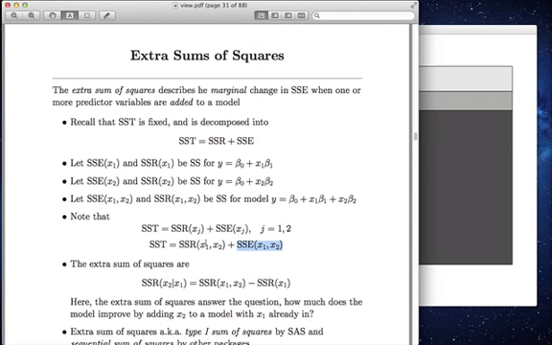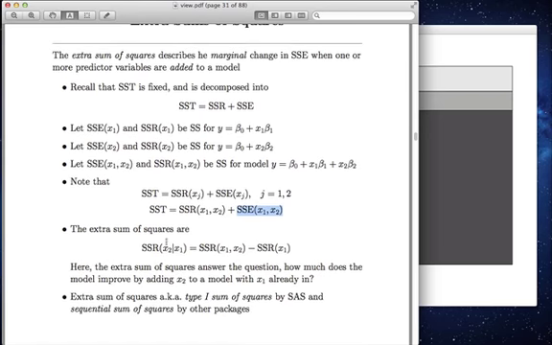With these terms defined, we can now think about the extra sum of squares. The extra sum of squares simply tells us how much additional explaining we do if we bring x2 into a model that already has x1 in it. The way this is defined is we take the total explaining done by both predictors and subtract off what would be done with x1 alone.